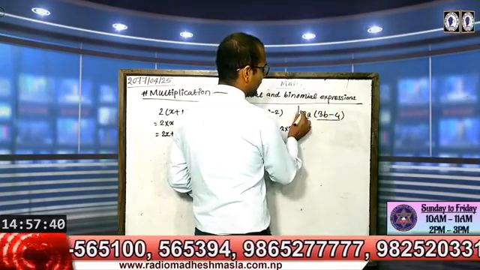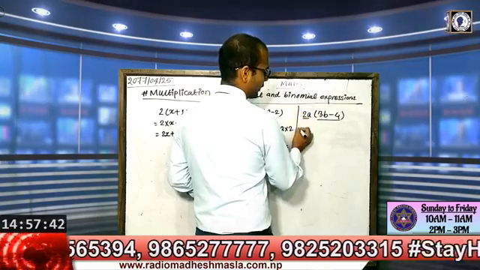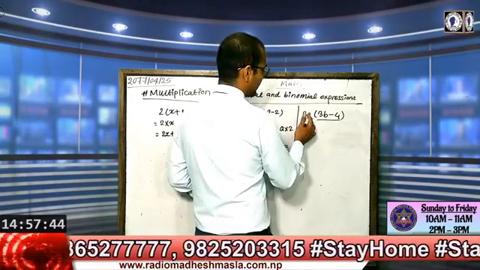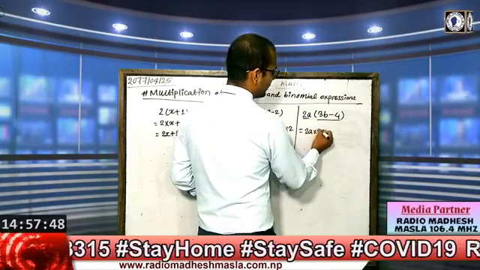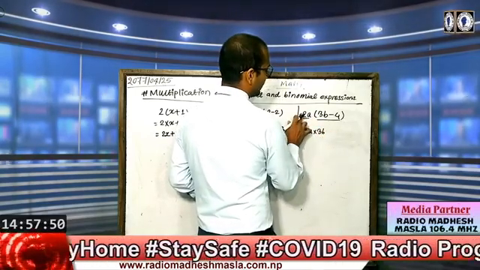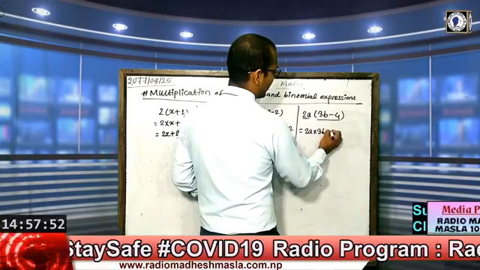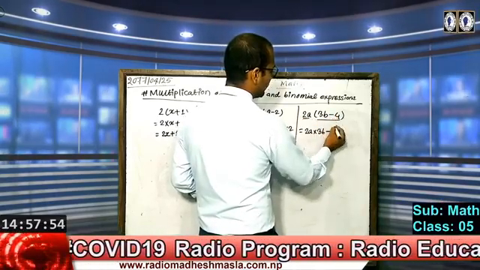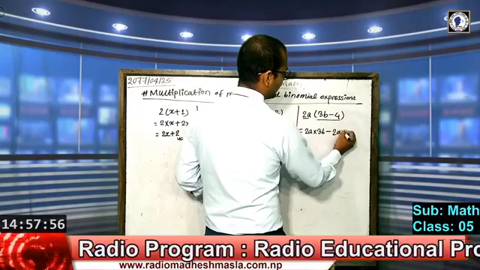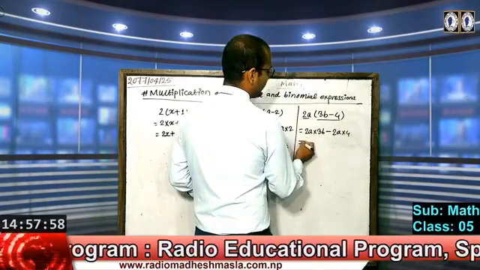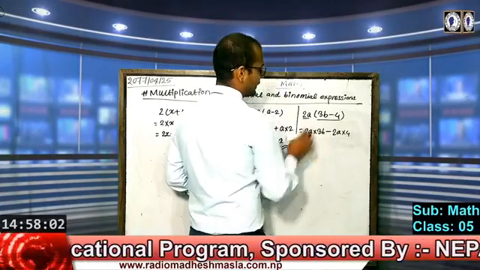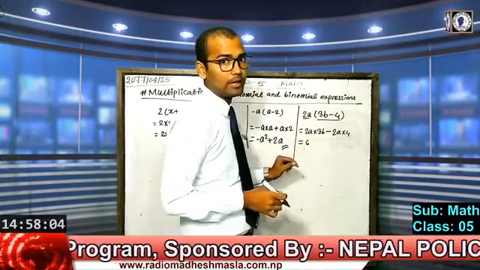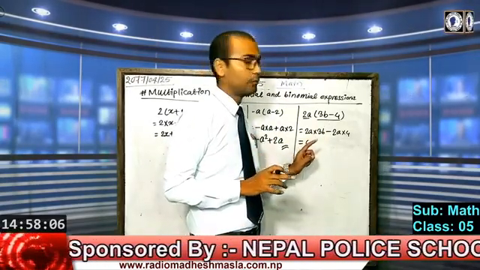So plus into plus we don't need to write. Then 2a into 3b, then plus into minus and 2a into 4. Then 2 3s are 6, a into b. Now here we should apply the rule of multiplication of terms.